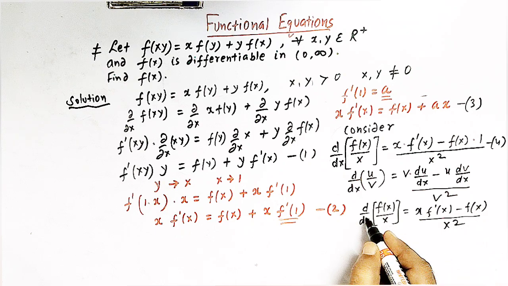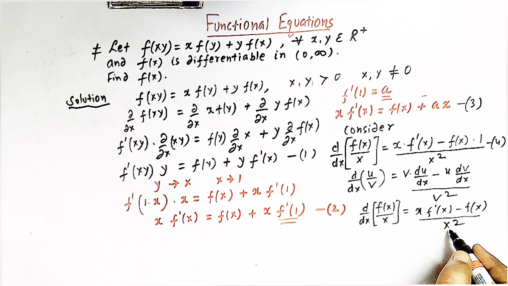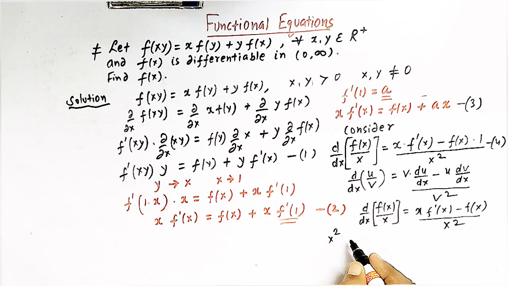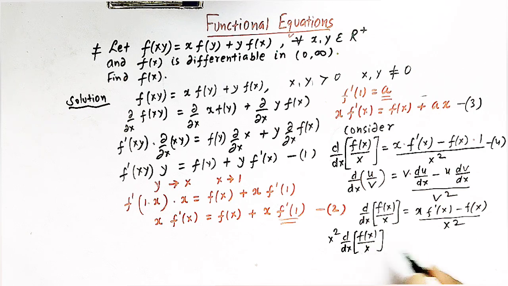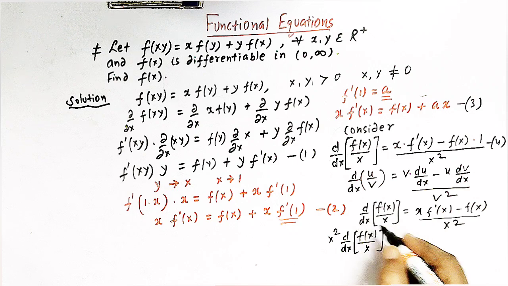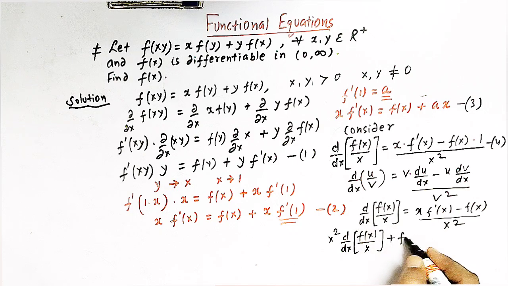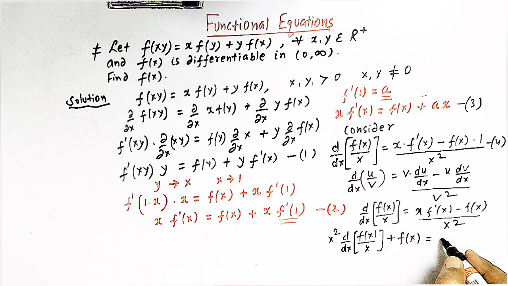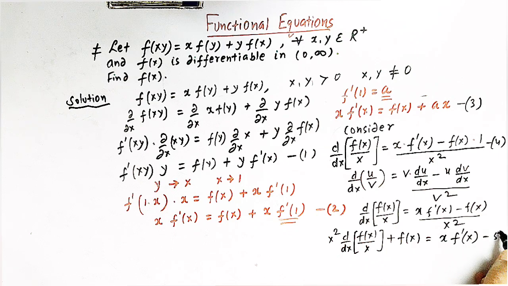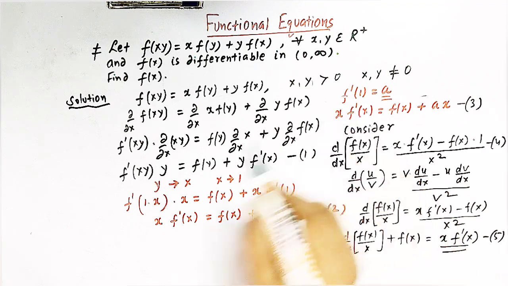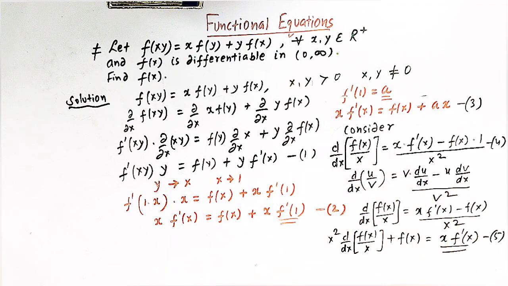And multiplying this derivative with x square, we have x square d/dx of f of x over x, and taking this term to this side, we have f of x is equal to x f prime of x, right? So now substituting this value of x f prime of x in equation number 3.